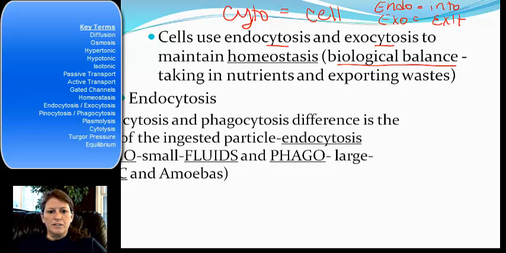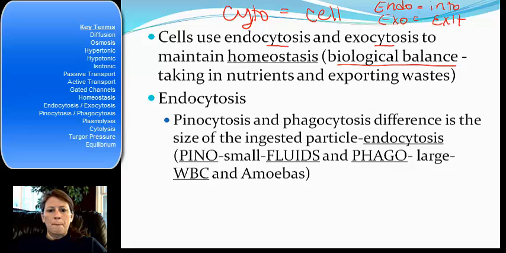Okay, so let's break down endocytosis. Endocytosis has 2 examples referring to the size of the particle that's brought into, remember, endo means into the cell. Okay, so anything that's pinocytosis, that means very small.